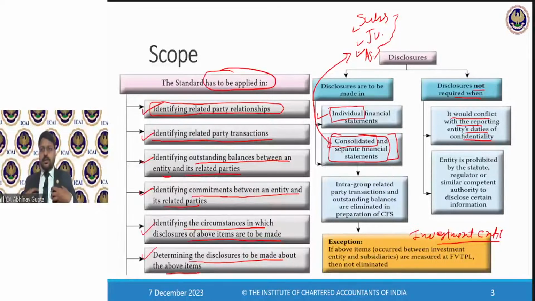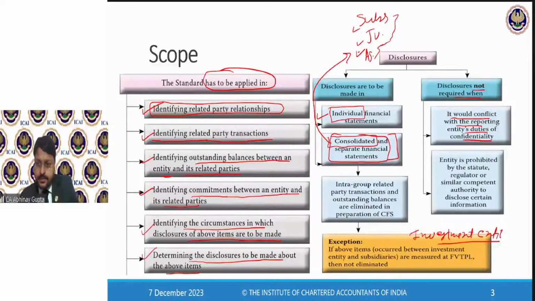Because the prime responsibility of the bank is not to tell the account balances of any of its customers to any other party, other than the customer. Because of this confidentiality clause, which is inherent in the banking business, the bank will skip disclosing the outstanding balances with those related parties, because it would conflict with their prime duties of confidentiality. So that would be an example for this.